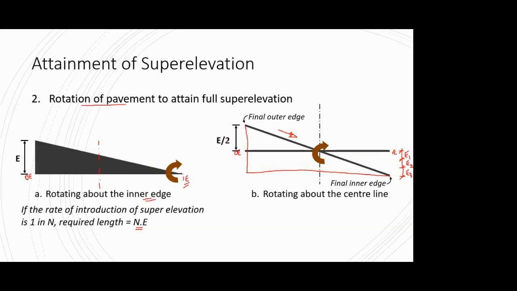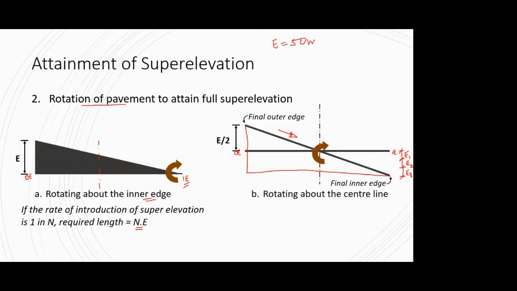So 7 meter into 0.7 meter into 7% comes out to be something around 50 mm or so. So suppose 50 mm is the raising required. So total E, suppose it is 50 mm.